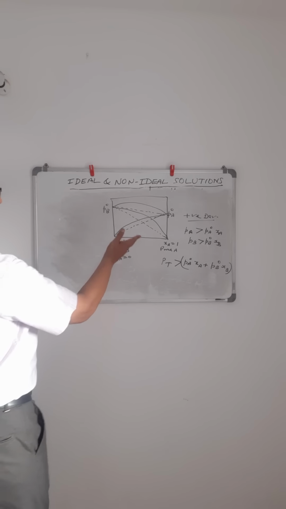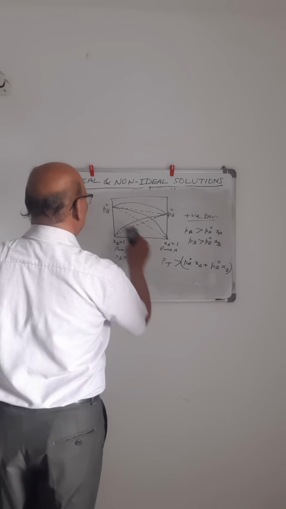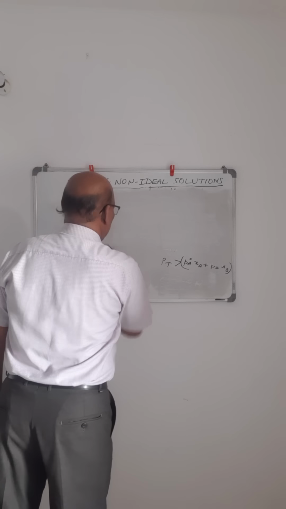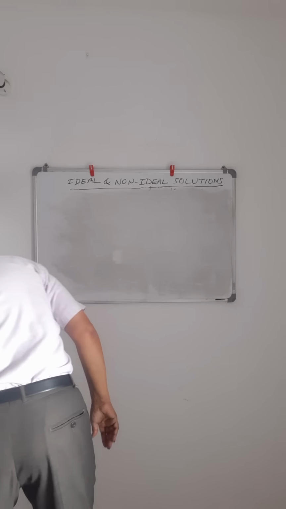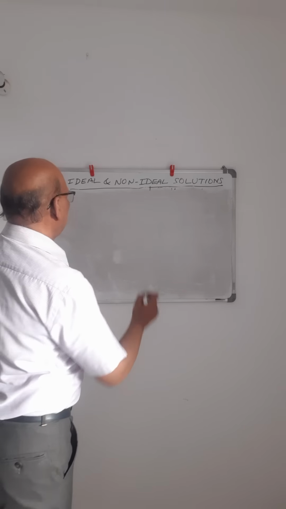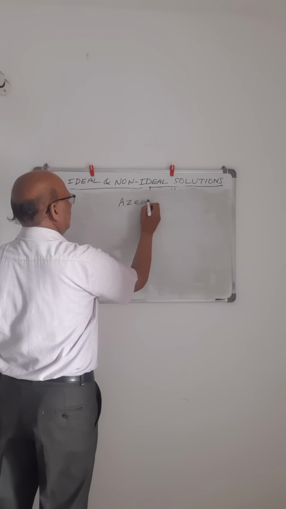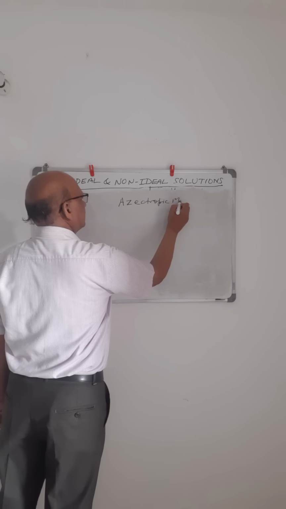Similarly, we can draw the lines for the solution showing negative deviation, and that will be just the opposite of what we have shown just now. Now there is a term called azeotropic solution, azeotropic mixtures.